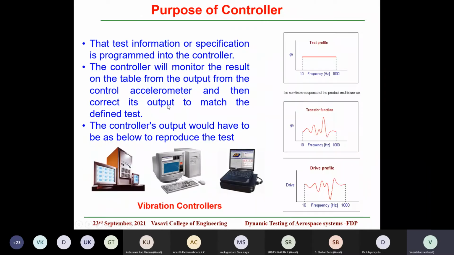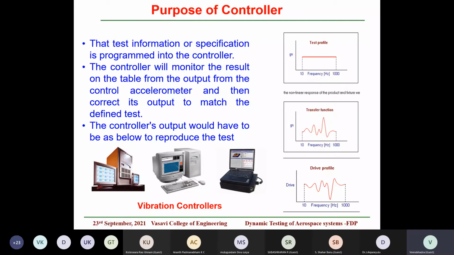Now, apart from the amplifier and shaker, we also have something called the controller. This is the place where we input the spectrum, which is processed and then sent in the form of a drive. For example, if I want a flat input, say from 10 to 1000 hertz, to be seen on the shaker top, the shaker is again like a structural system.